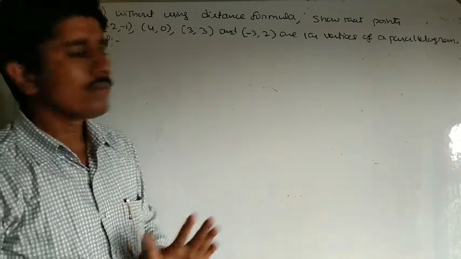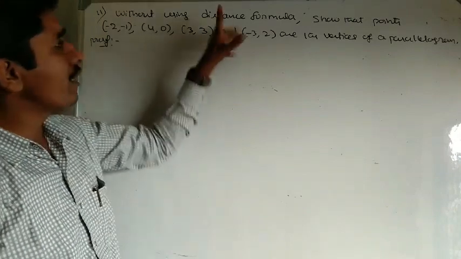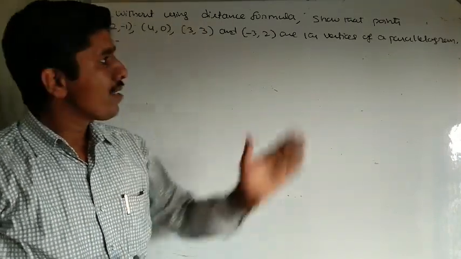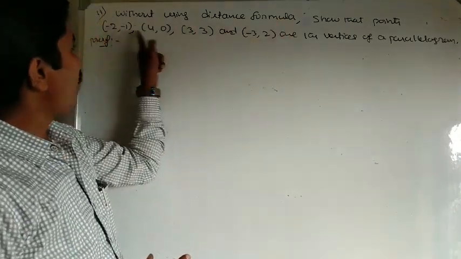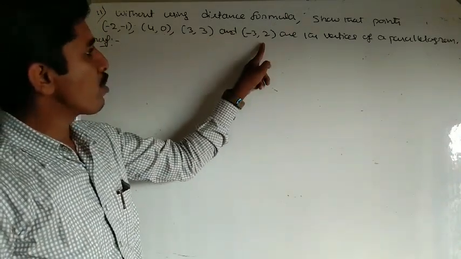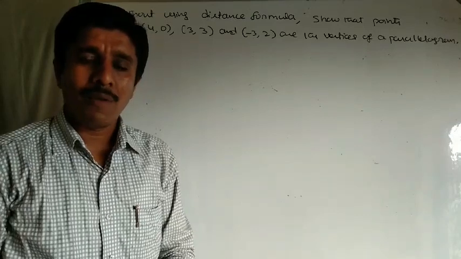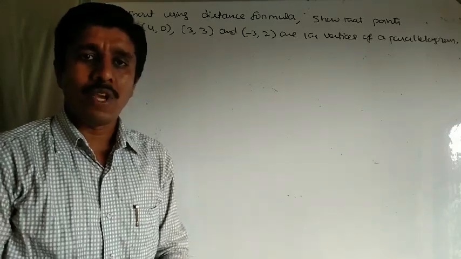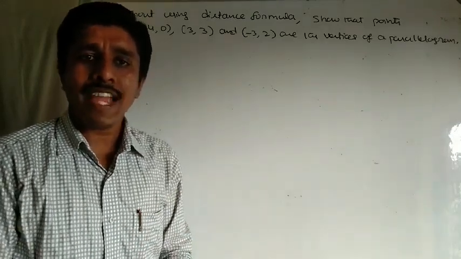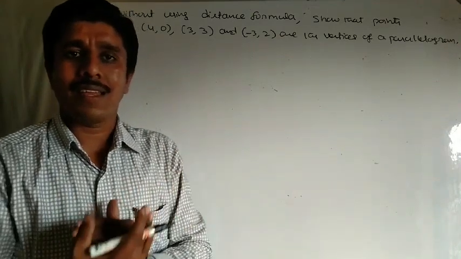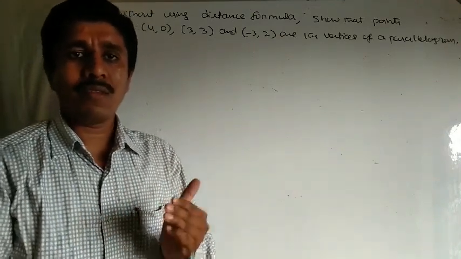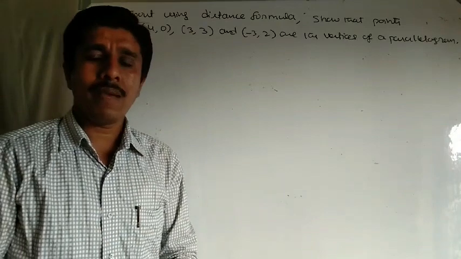Read your question carefully. Without using distance formula, show that the first point, second point, third point and fourth point are the vertices of a parallelogram. By using distance formula, we prove that opposite sides are equal and diagonals are unequal, which means the given points are the vertices of a parallelogram.